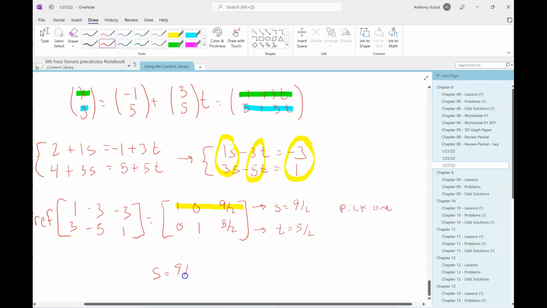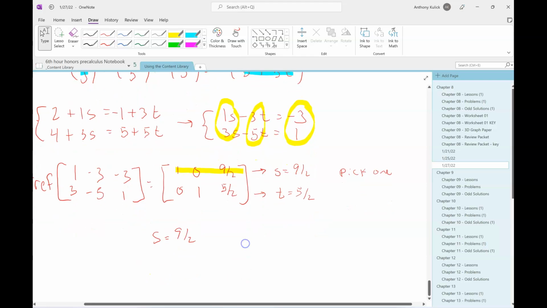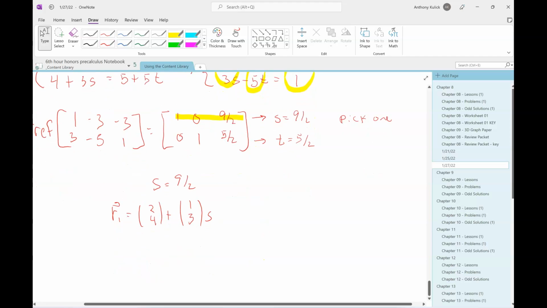For the sake of argument, I'm going to pick S. And then I'm going to find the equation for a line that involved that parameter S. And I'm just going to plug that in and simplify.